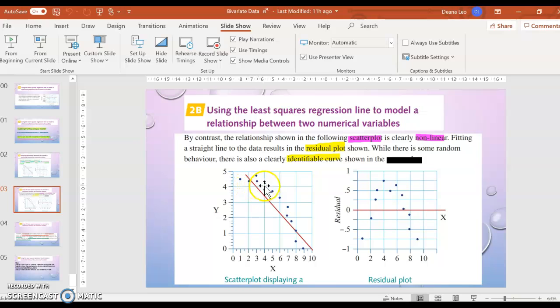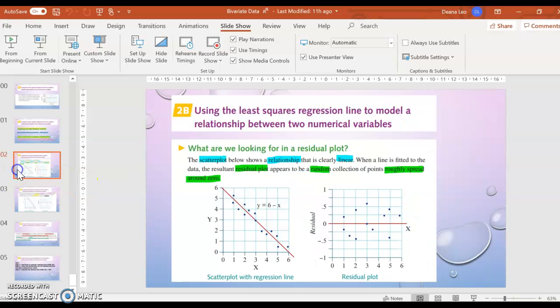But that would marry up with over here when you couldn't really say that this data was linear either, because there is a bell curve happening around that line of best fit rather than an even distribution of dots around both lines. So talk about what your residual plot looks like.